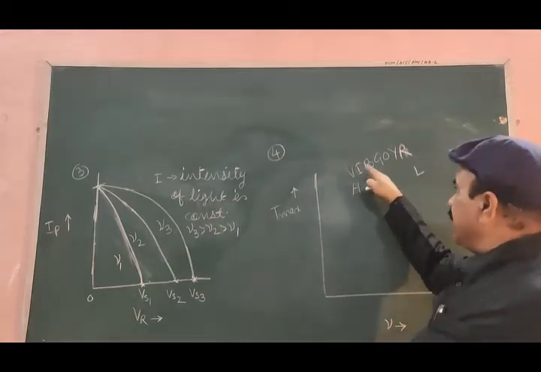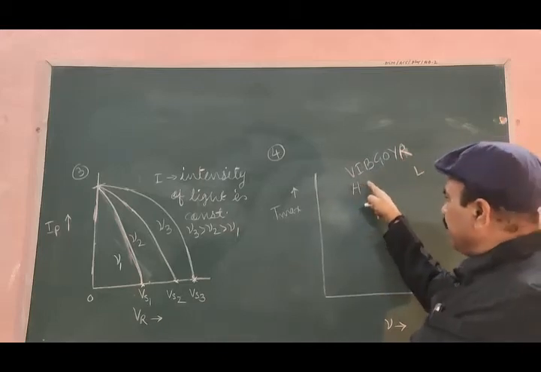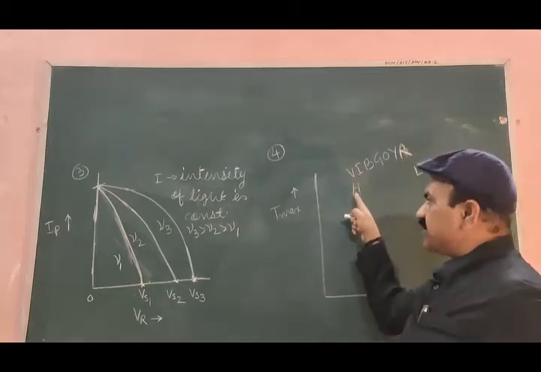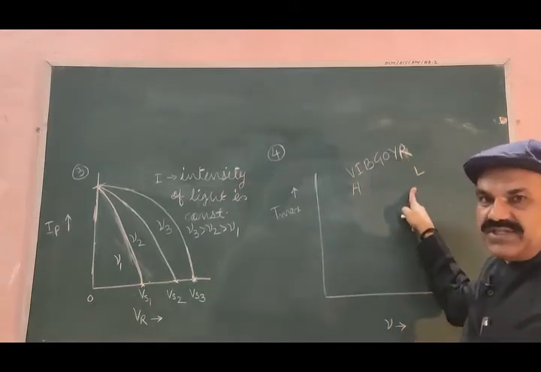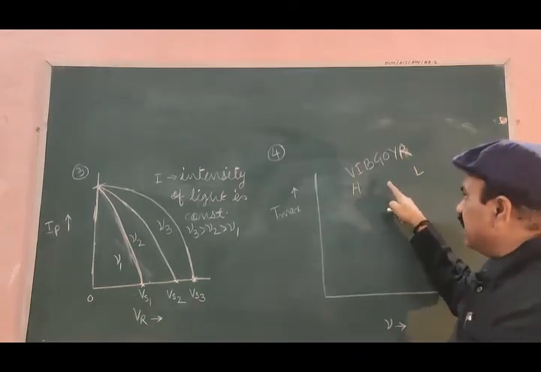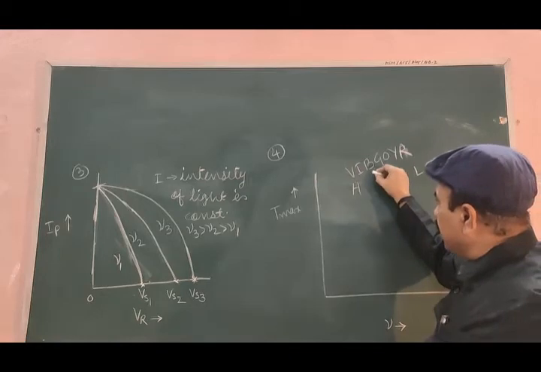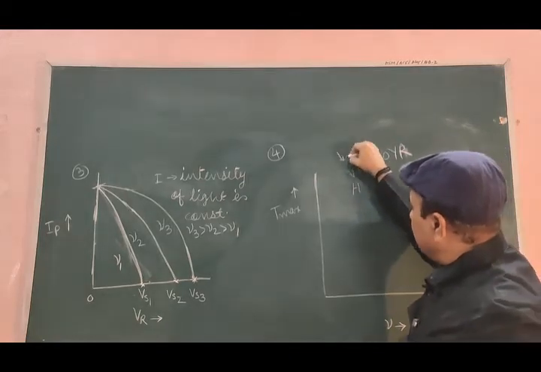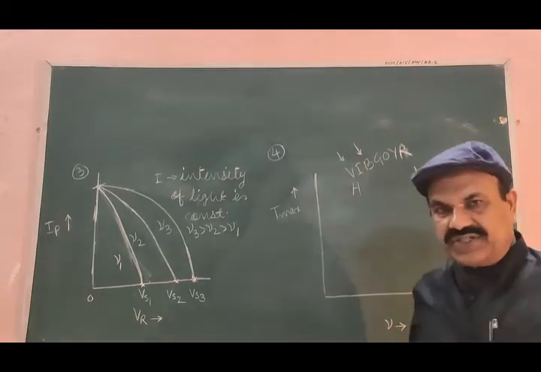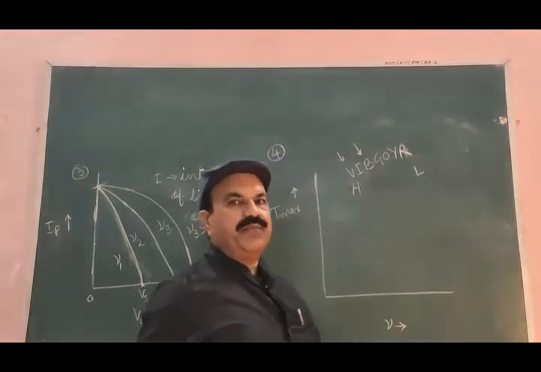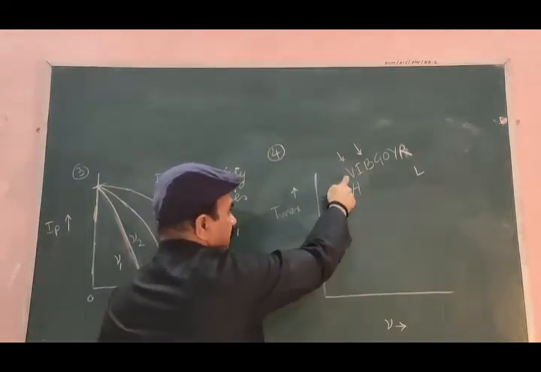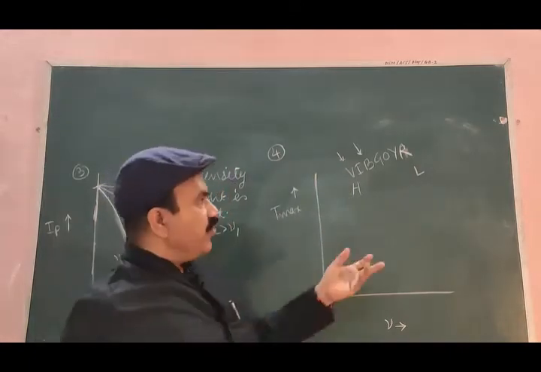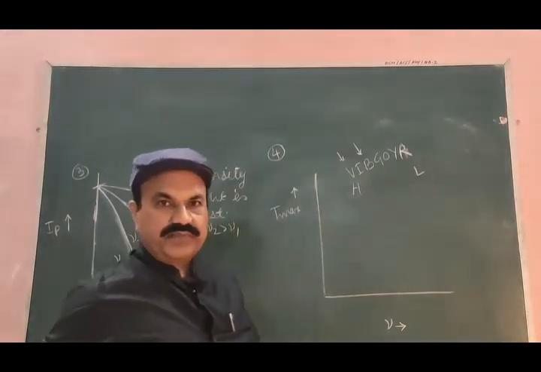If you go from violet towards red, the frequency decreases. The frequency of violet is highest, and the frequency of red is smallest. Let us consider violet and blue color. The frequency of violet is more than the frequency of blue.